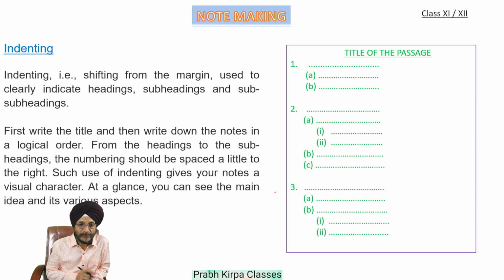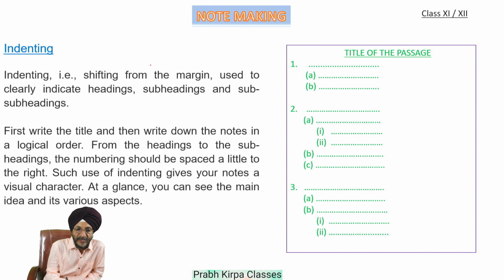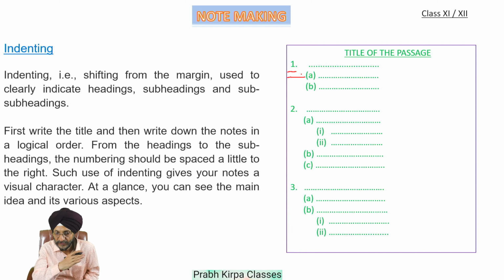Now the point comes to indenting. What is the meaning of indenting? Indenting means shifting from the margin. If you see, this is from the margin. First has been written here. This is the main heading. Now the subheading has been written leaving some more distance.